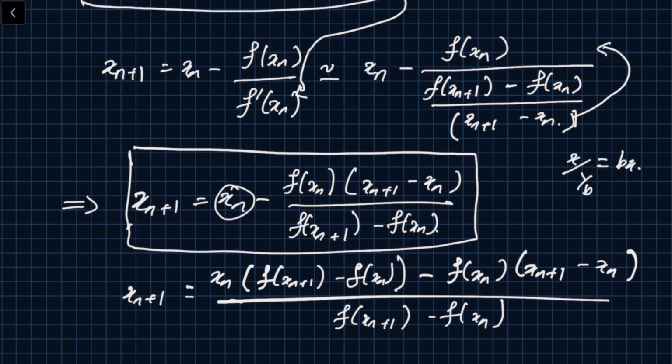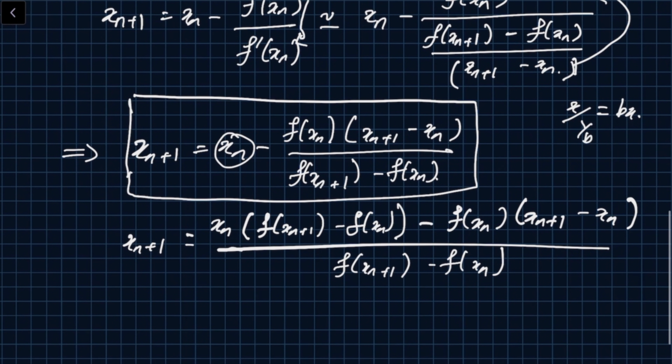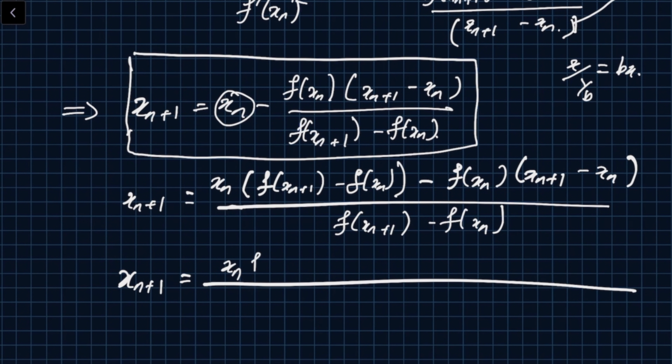What are they? Well, let's expand the numerator to get xn times f of xn plus 1. Well, I see it from here. I just want to expand to convince you, and that's all. If you're wondering, here you've got an xn multiplied by f of xn, right, with a minus.